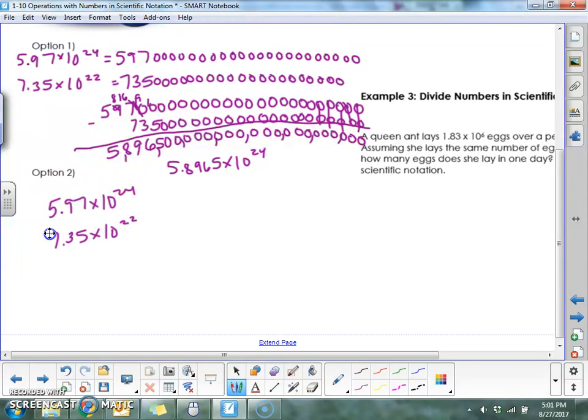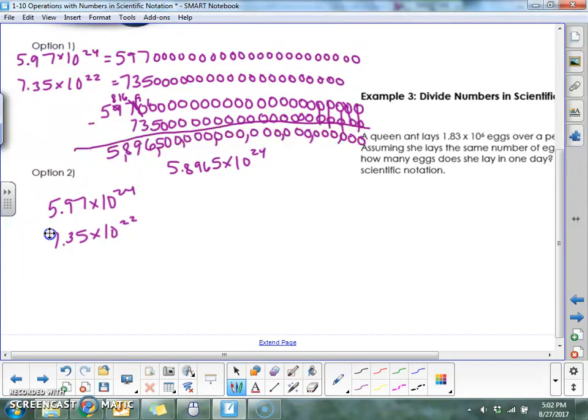We want to change them so that they both are written to the same power. So in this case, to the power that's less. So we're going to take the power of 22 and we're going to change 5.97 times 10 to the 24th to that number.